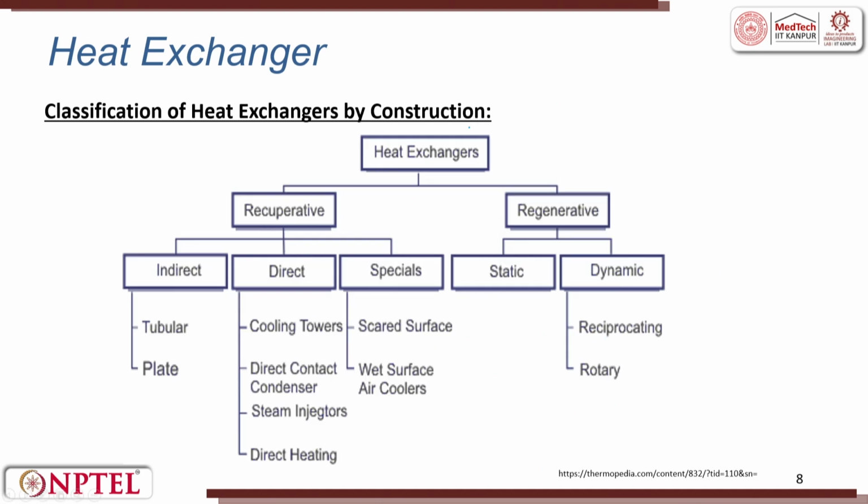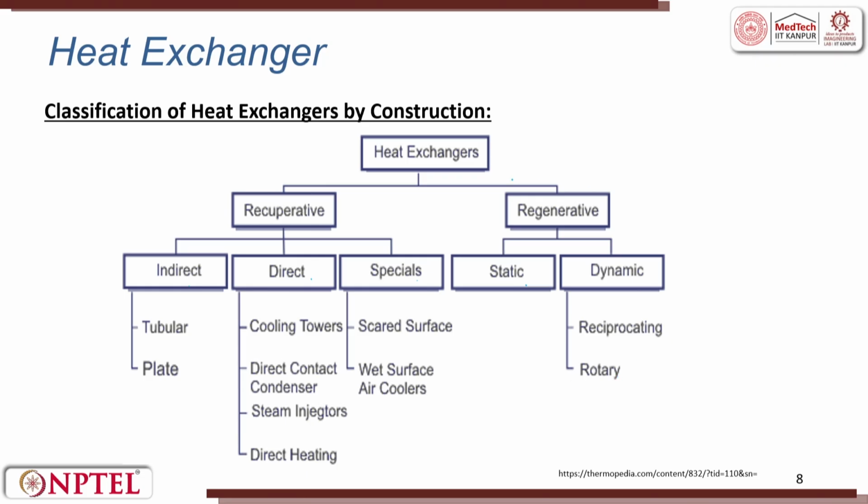So, the classification of heat exchangers by construction: heat exchangers can basically be classified into regenerative and recuperative. Recuperative can again be classified as indirect, direct and special. Regenerative can be static or dynamic. In the sub-classification of dynamic, you can have reciprocating or rotating.